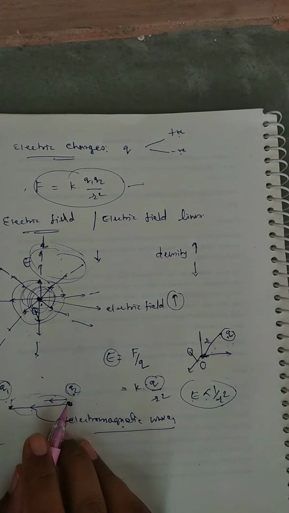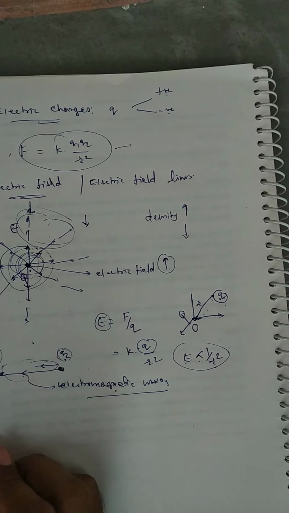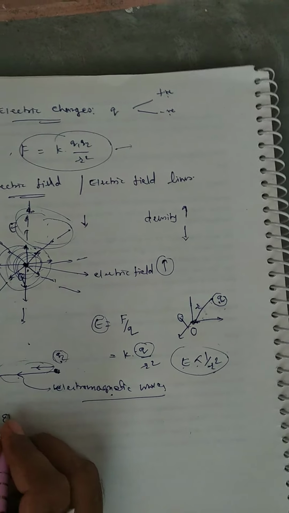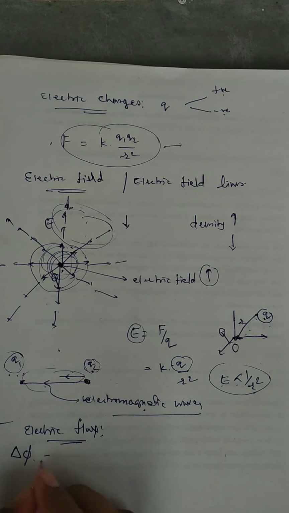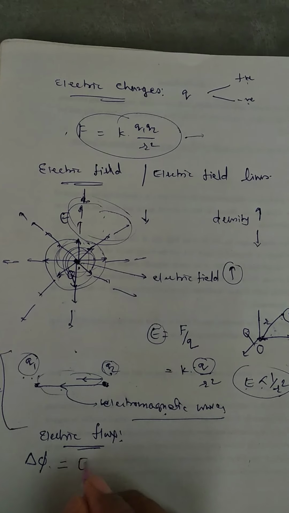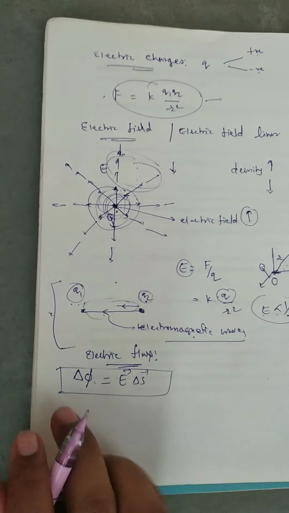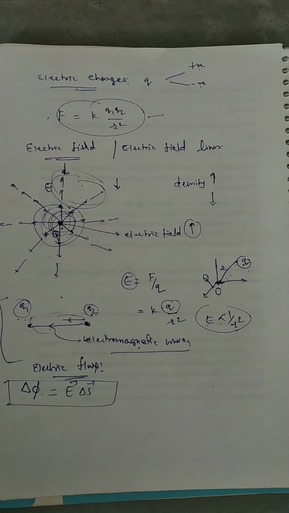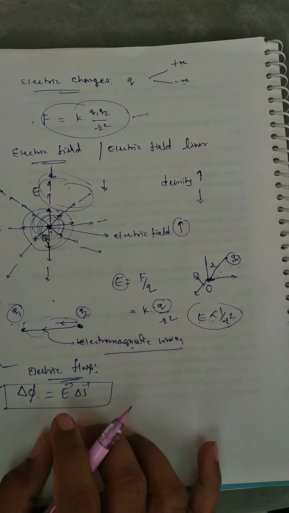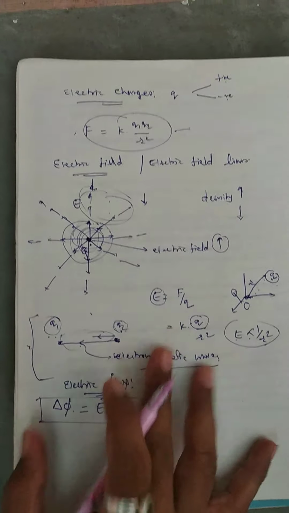Based on this concept of electric field density, we have the concept of electric flux, delta phi is equal to E delta S. This portion is still remaining to carry on from this first chapter, so I will not go through it right now. We will see these portions later on.